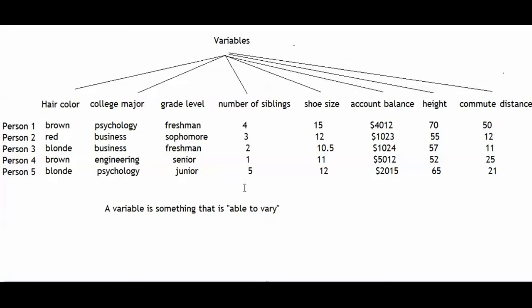If I ask a 6th person, how many siblings do you have, I might get a different answer, even if all 5 previous people told me the same answer. In other words, even if all 5 people told me that they have the same number of siblings, it's still something that's able to vary. That's why number of siblings would still be considered a variable.